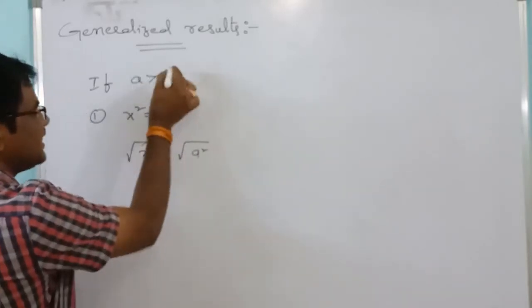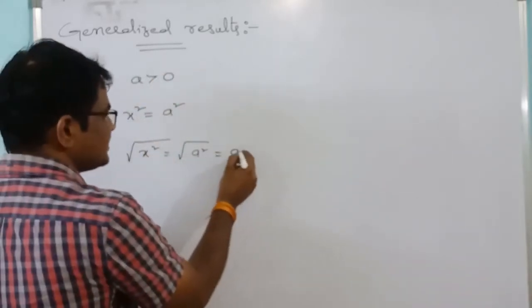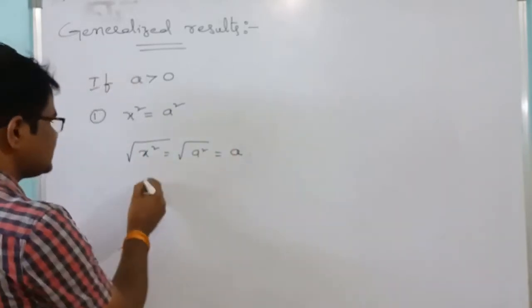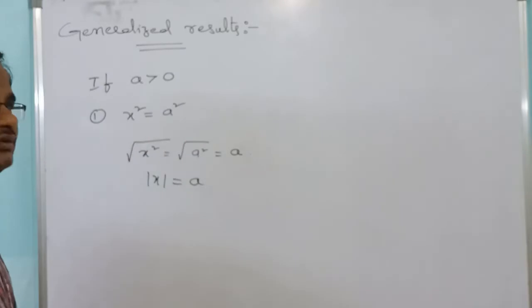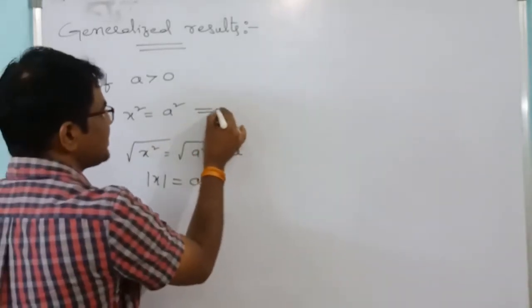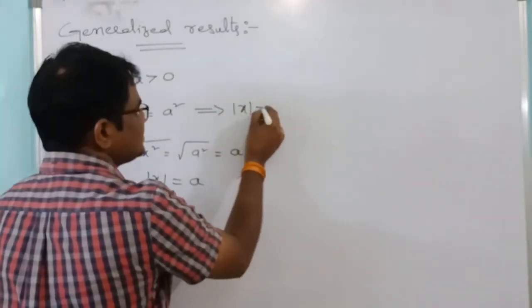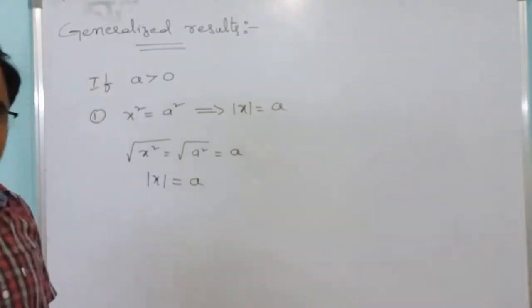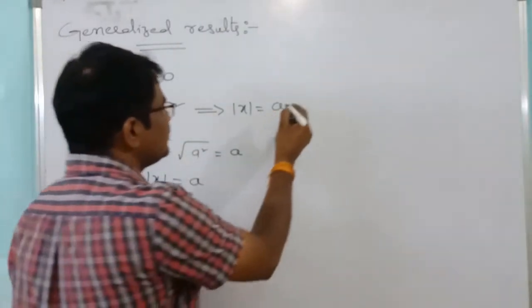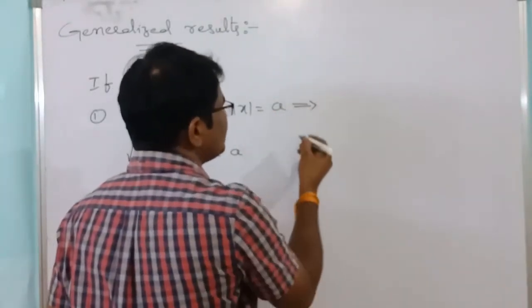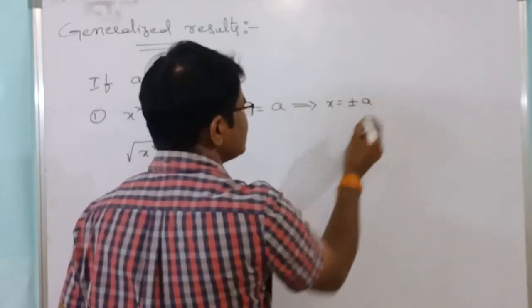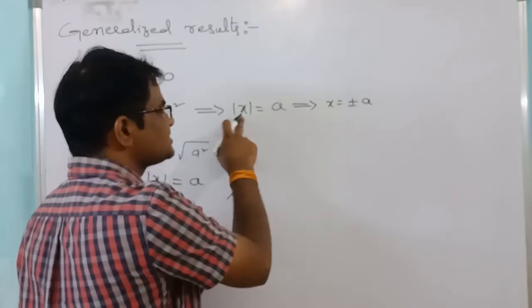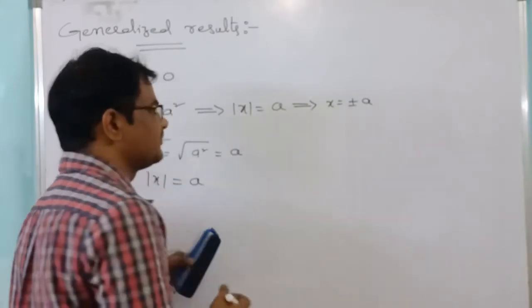Here a greater than 0 is already there, so it becomes a, and this side is modulus x. So mod x equal to a. Now we know that modulus of x equal to a means there are two possibilities, x equal to plus or minus a, because modulus of minus a is also a only.